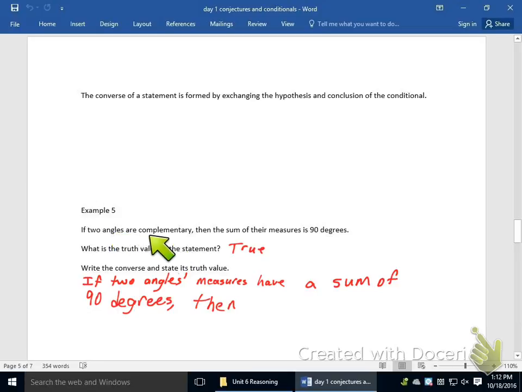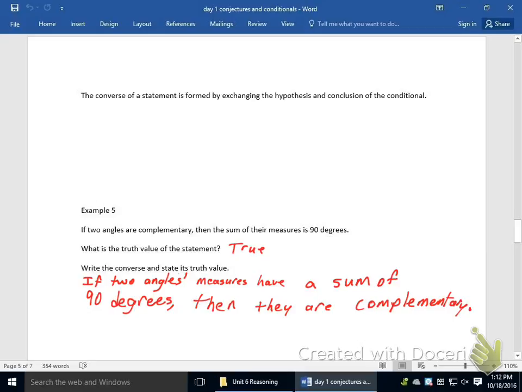They are complementary. That one is actually true as well.